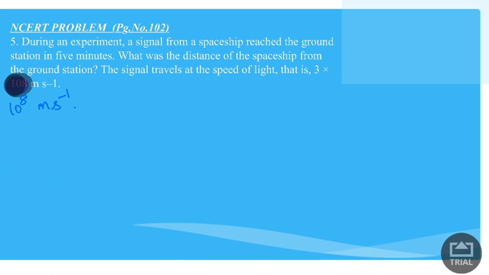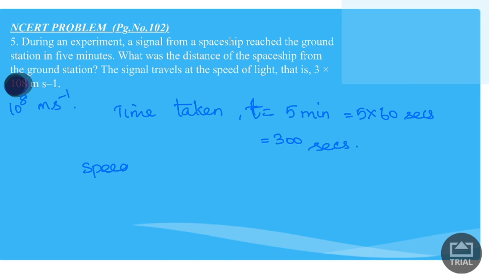So what was the distance? To find the distance, the time taken, t, is equal to 5 minutes, which is 5 into 60 seconds, equal to 300 seconds. And the speed of light, we call V, is 3 into 10 to the power of 8 meters per second.